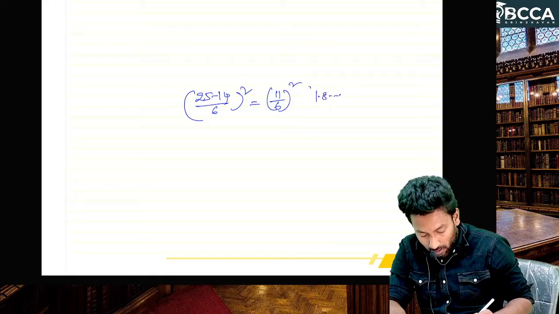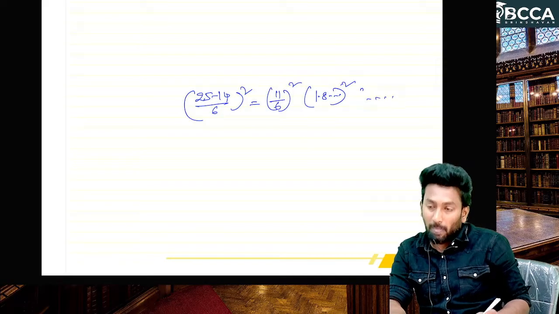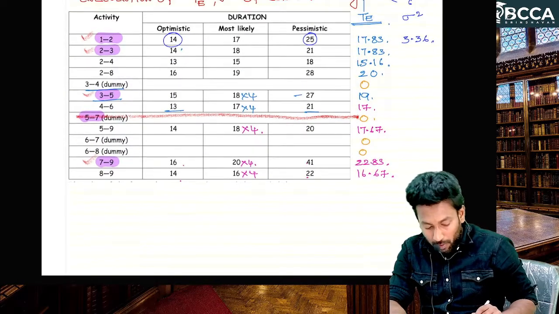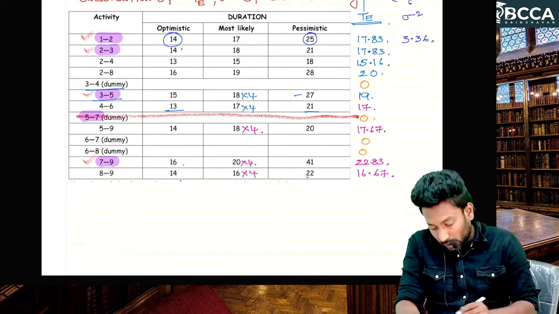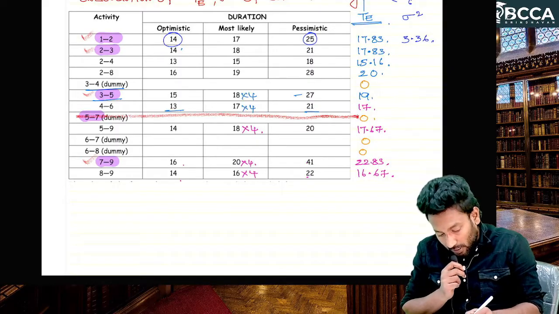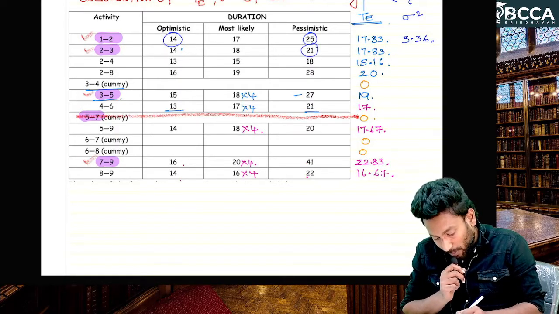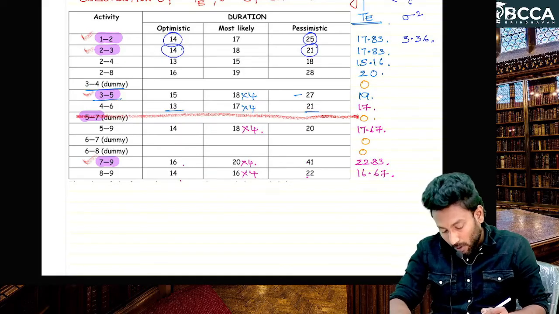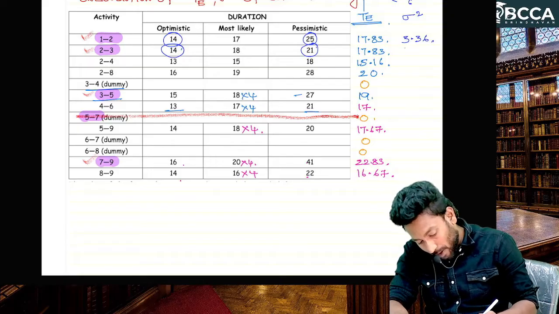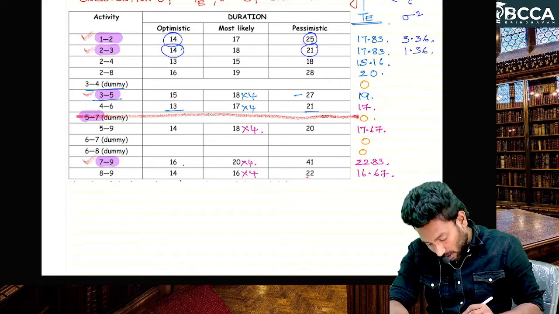Then you will get that value only, 3.36. Next, for activity 2 3, pessimistic time 21 minus 14. How much, sir? 1.36 here. 1.36. Okay, next one.